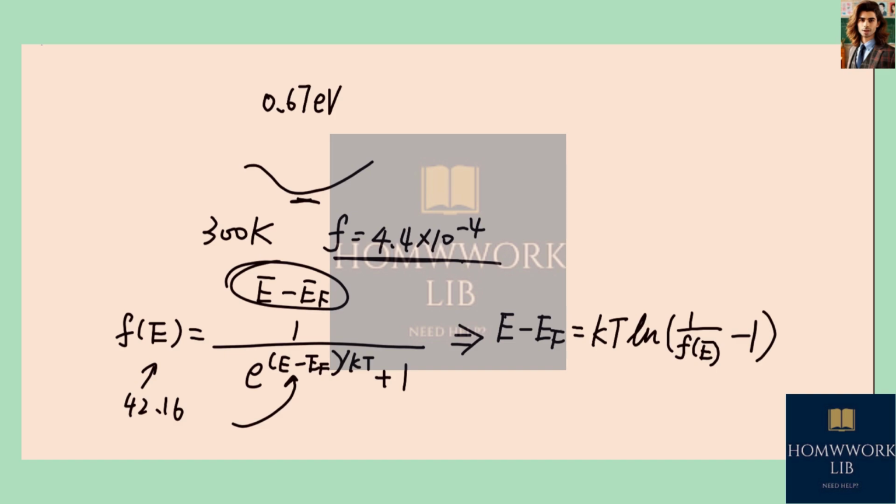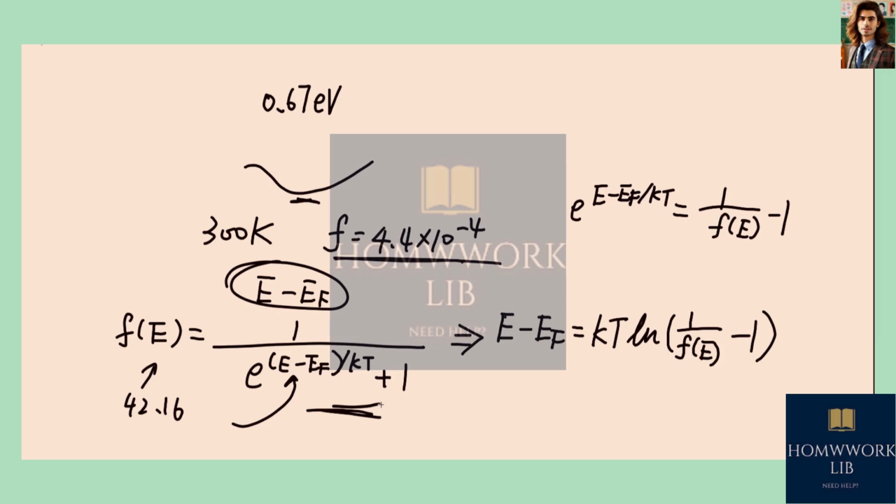If it is not obvious how this happened, we can also do it step by step. e to the E minus EF over KT equals 1 over Fe minus 1. I'm just rearranging this equation over here.